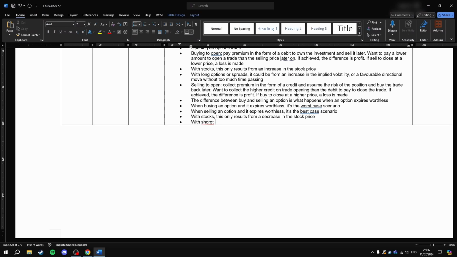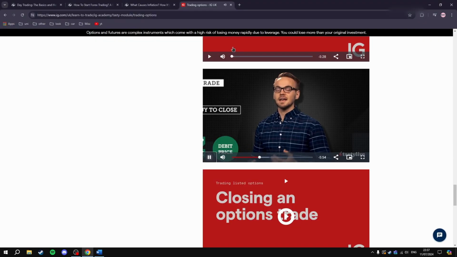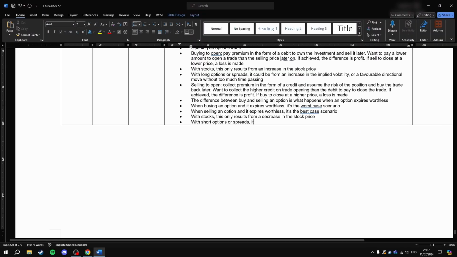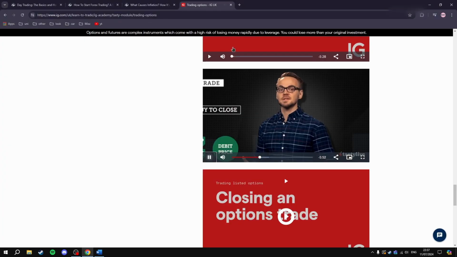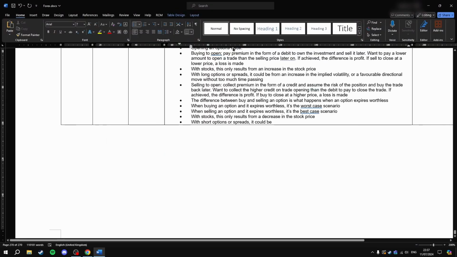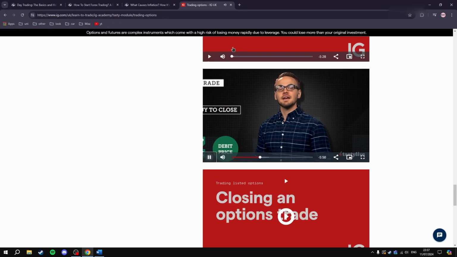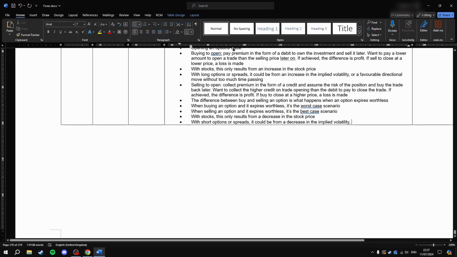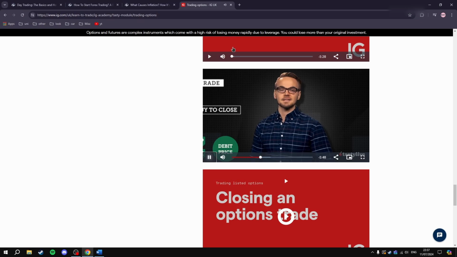With short options or spreads, it could be a result of a decrease in implied volatility, a favorable directional move, or time passing.